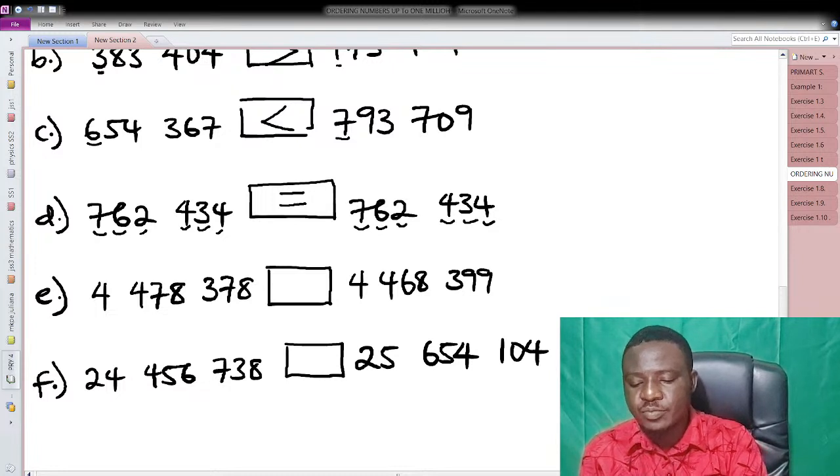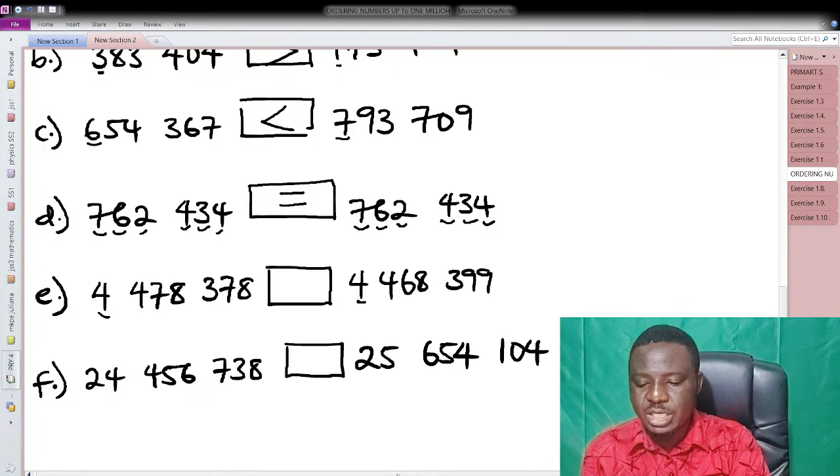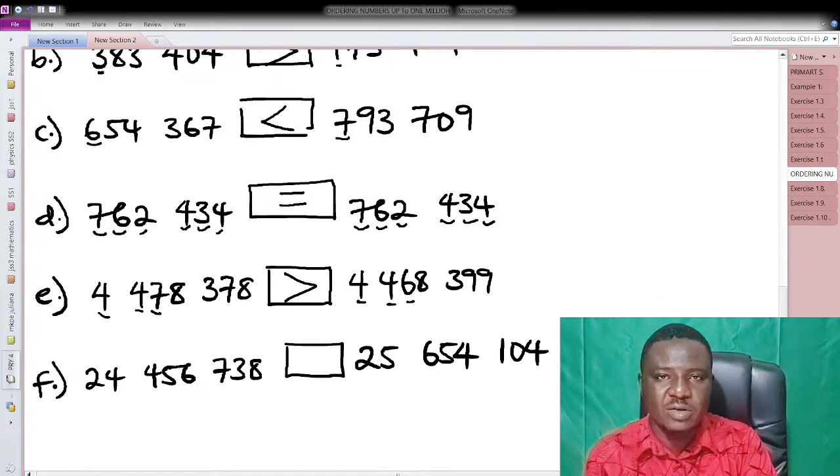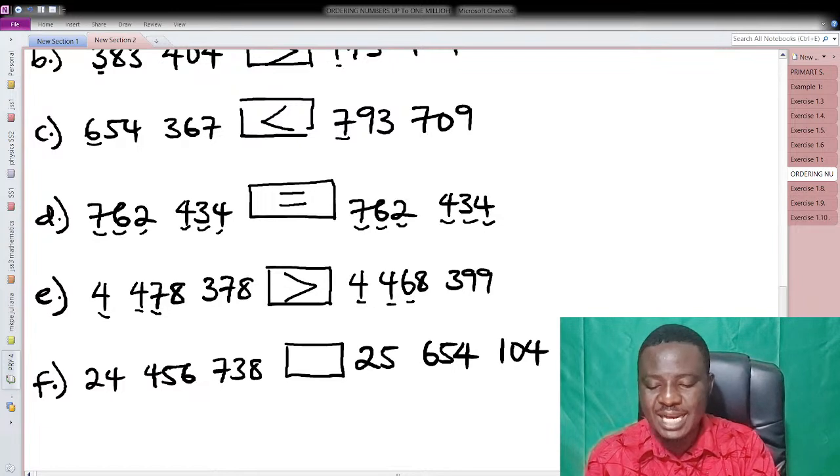In E, they are in the millions, 4 million each. Go to the hundreds of thousands, they are equal, 400,000 each. What about the tens of thousands? This is 70 and this is 60. So it means that 70 is greater than 60, and therefore 4,478,378 is greater than 4,468,399.